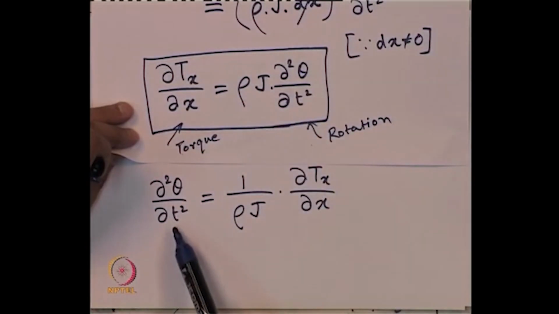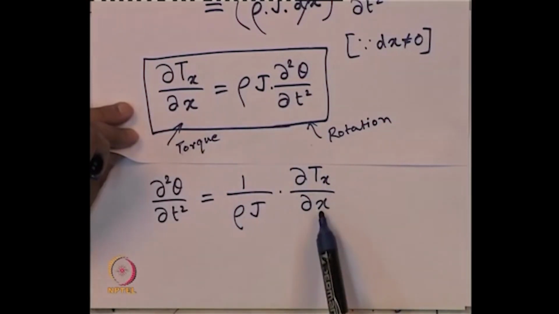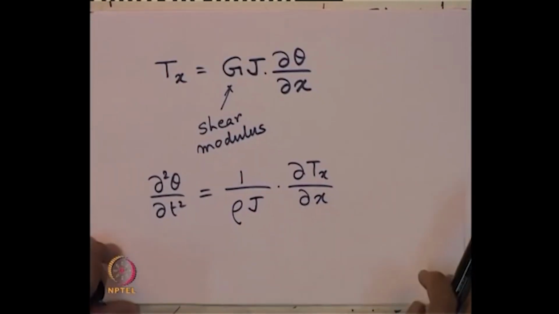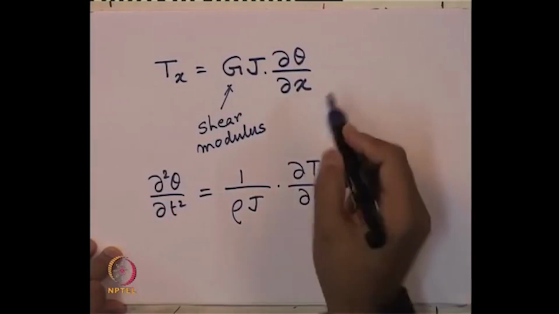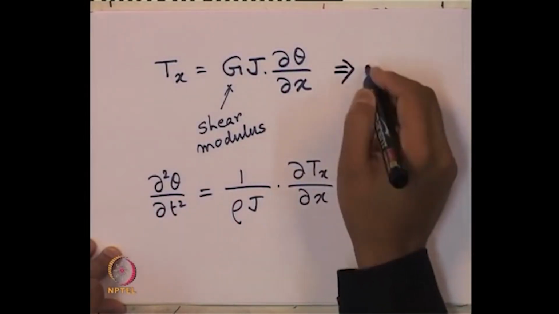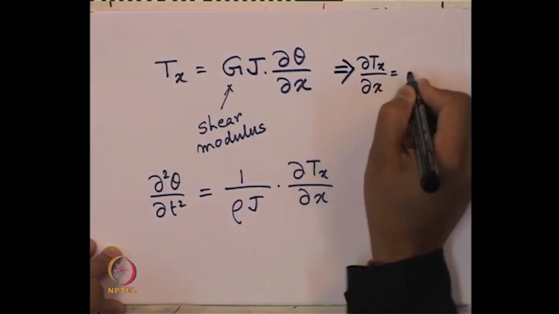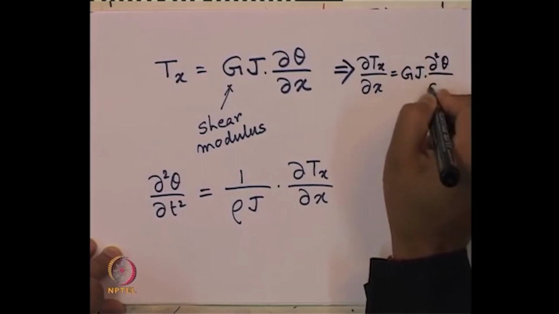If I differentiate this Tx with respect to x, I can write that del Tx del x is nothing but GJ times del 2 theta by del x square.